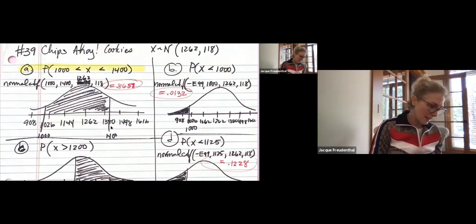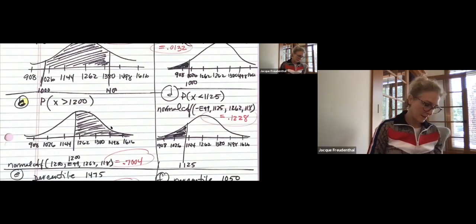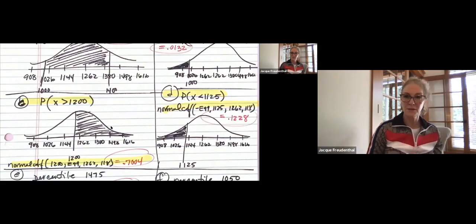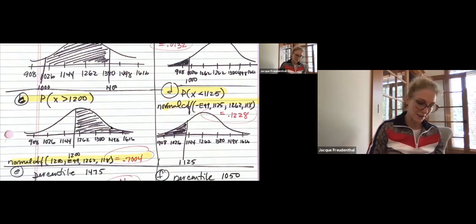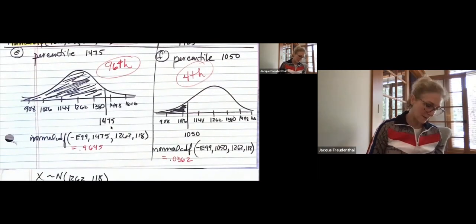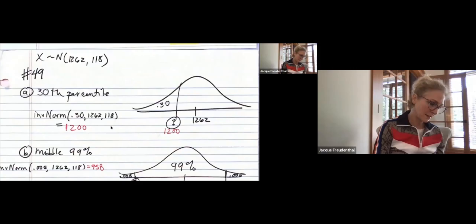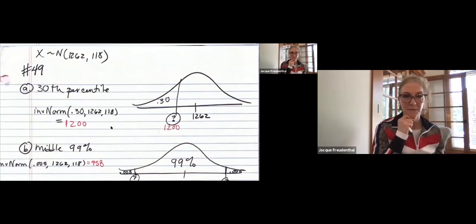This was part A, and I did that with the calculator. This is part B. Here's part C, the calculator, part D, the calculator. You can go back and pause the video. So the percentiles also with the calculator. This is part E, the calculator. And then here's the one we just did.